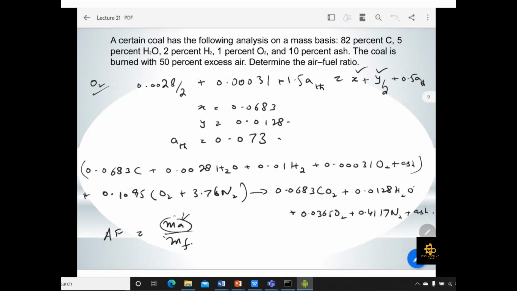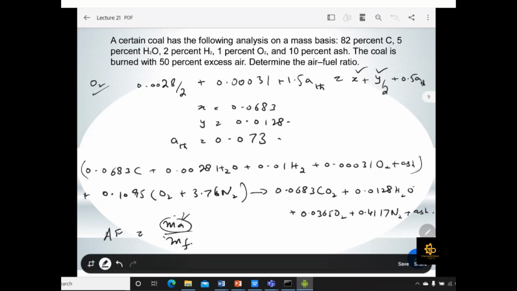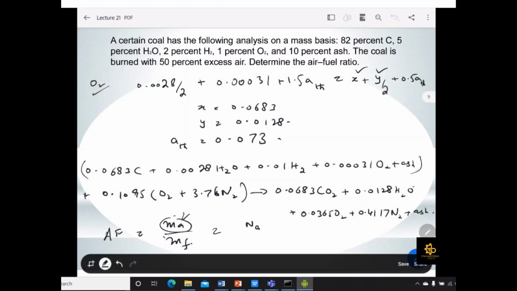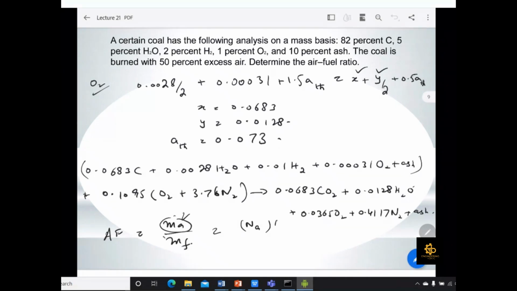Mass of air you can easily find by using the number of moles of air times the molar mass of air. The number of moles of air is 0.01095 into 4.76, and you have to multiply by 29. If you multiply, it will be equal to 15.1 kg.